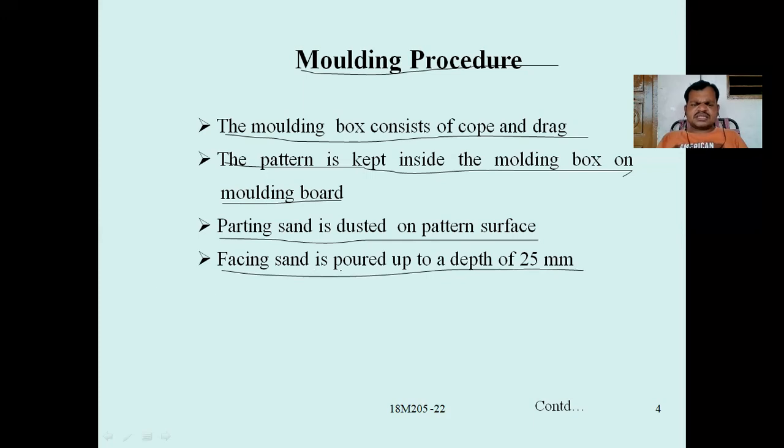The sand prepared is of a type, either green sand or synthetic sand. We have different types of sands, but mainly facing sand is poured up to a depth of 25 mm of the molding box.